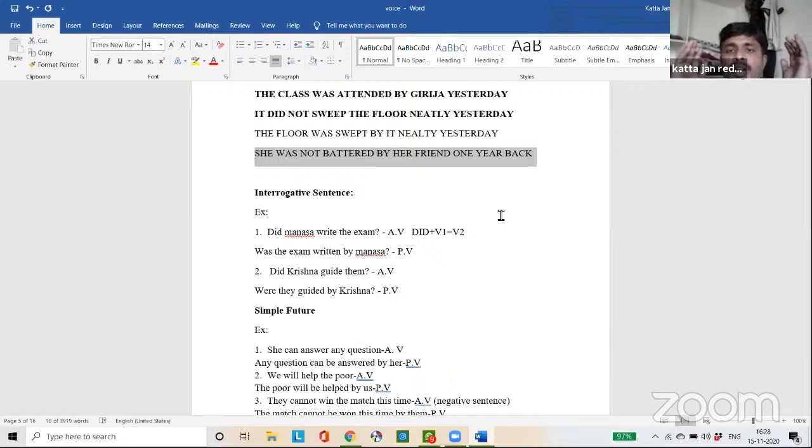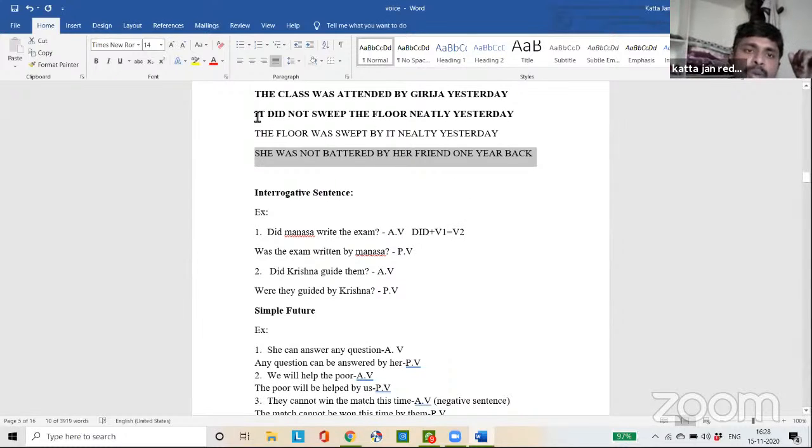Hope you understood my intention. Because they don't ask you directly to change the sentence, but a similar meaning will be asked, or else they can also ask you directly what is the passive form of the given sentence.